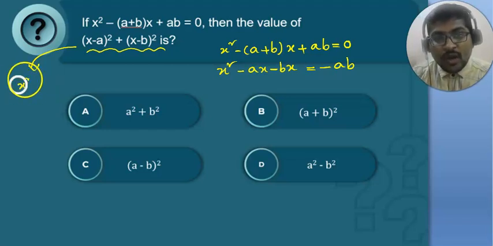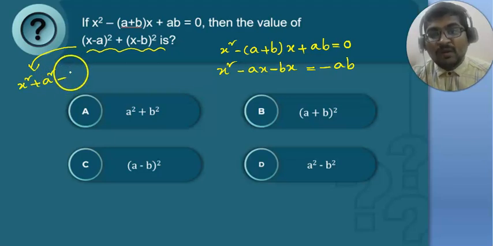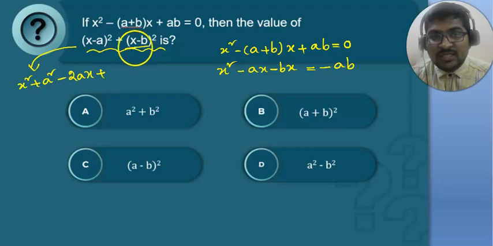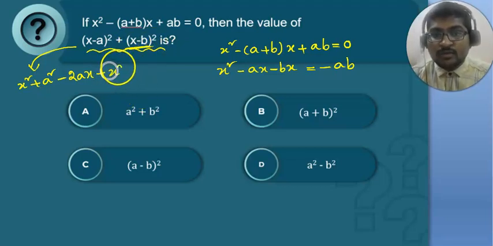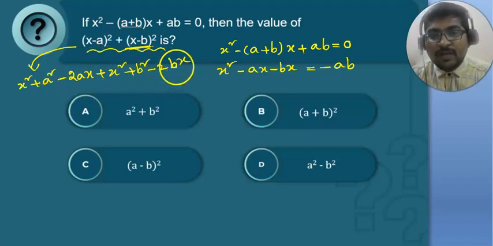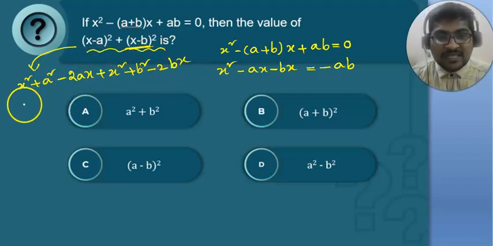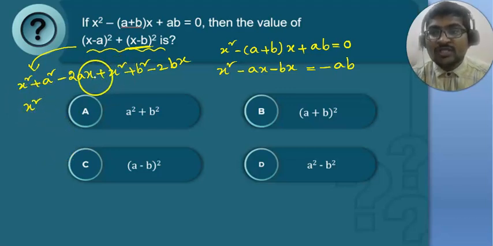So x square plus a square minus 2ax, and this term can also look like (a minus b) whole square: x square plus b square minus 2bx. This can be written like this here, students. How many x squares are there?